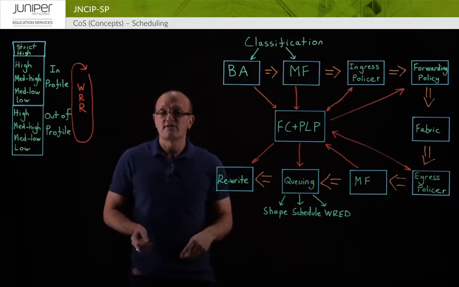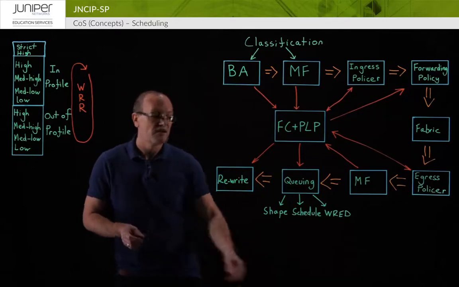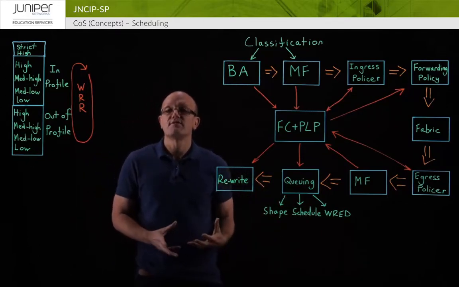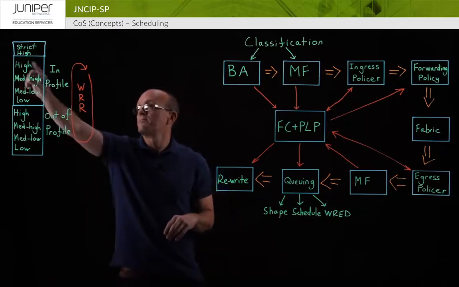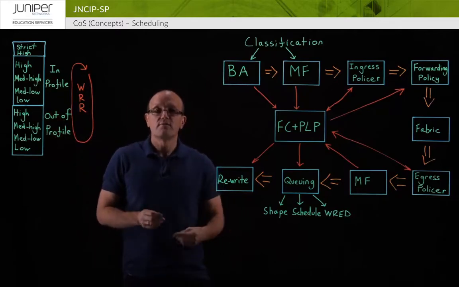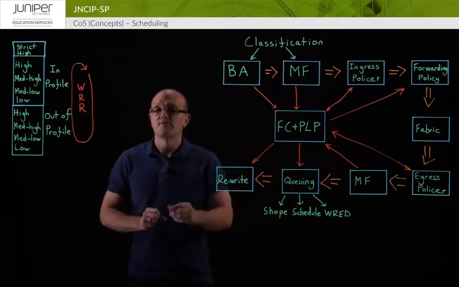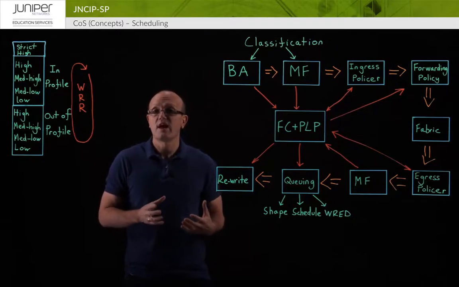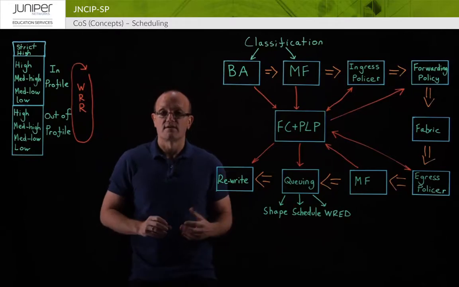Via a scheduler map, we then associate forwarding classes with schedulers. And schedulers have a few bits of configuration. The first bit of configuration is priority. So we're saying what priority we want to assign this traffic, how quickly we want to get this traffic out of the egress interface. And Juniper devices use a modified weighted round robin algorithm.